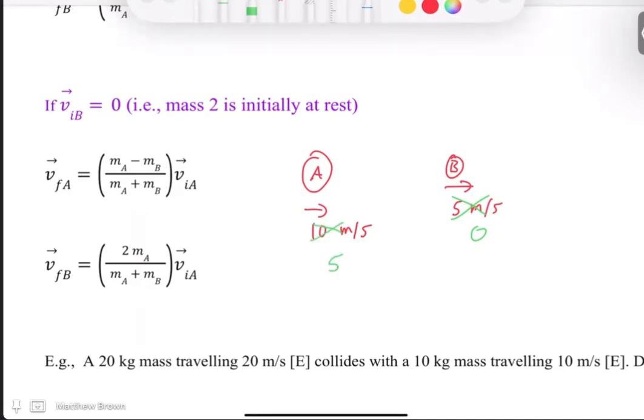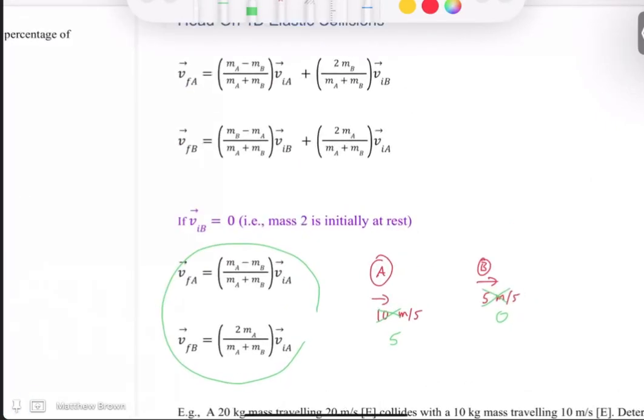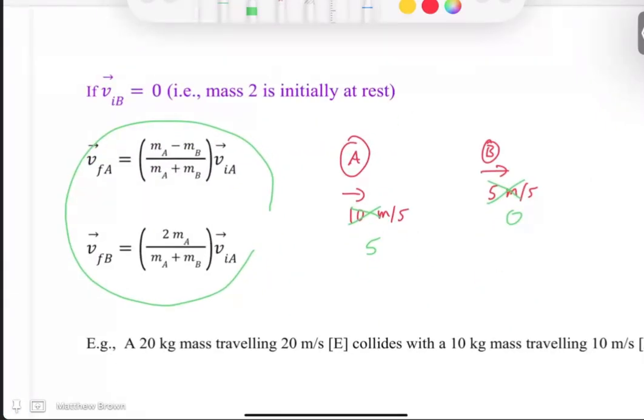You could do your whole analysis with those numbers and use these equations. Then after you get your final velocities, you could just add the 5 back to the final numbers, and everything would work out as if you had used these monstrosities up here. So just a tip, because I'm here to help.